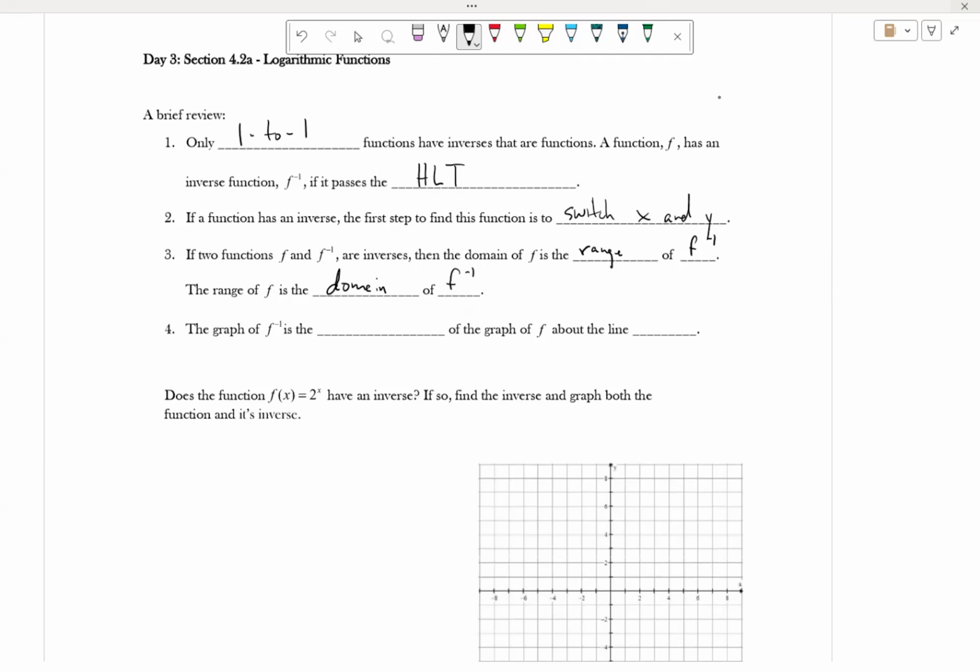And lastly, the graph of f inverse is the reflection of the graph of f. Do you remember the line that it's reflected about? It's not the x-axis, not the y-axis. There's symmetry in the line y equals x, that diagonal line.